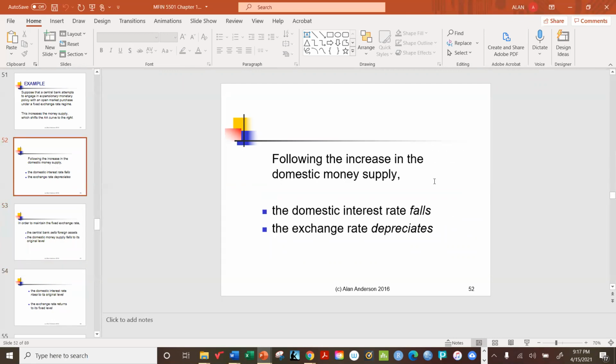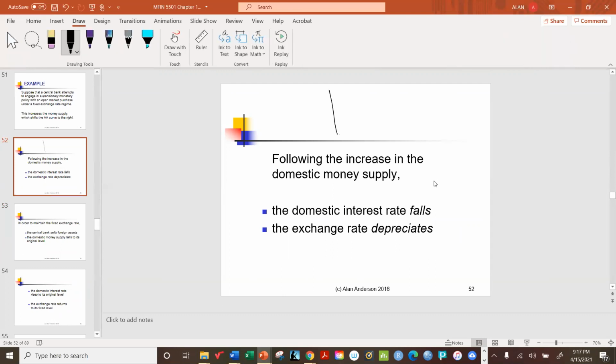In fact, let me just sketch in here what that looks like. Let's say right here. So the AA curve moves to the right. And so you'd think that everybody would be happy.